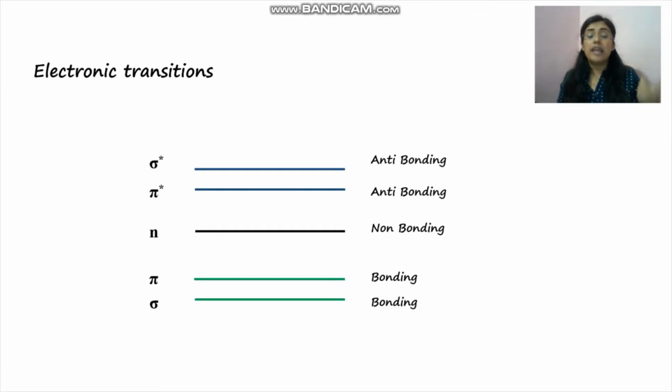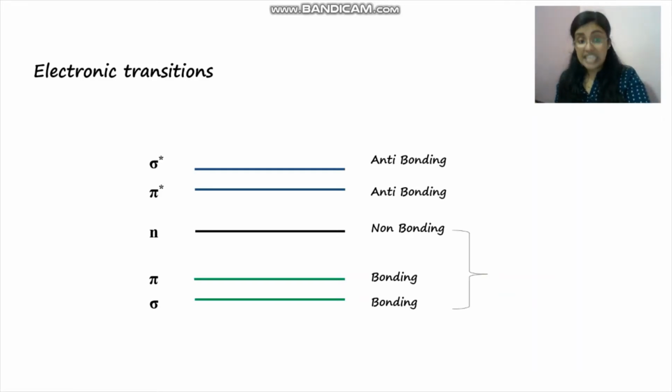Now sigma and sigma star are due to the presence of sigma bonds. Pi and pi star are due to the presence of pi bonds in a compound or molecule, and n, the non-bonding orbital, is due to the presence of free electrons on atoms in the group that I have.